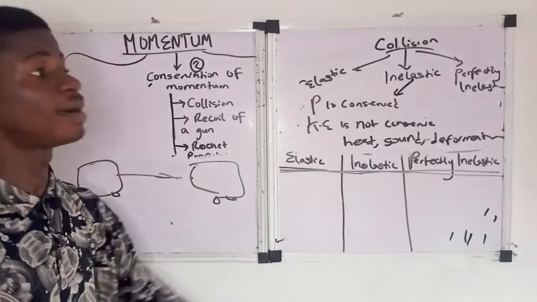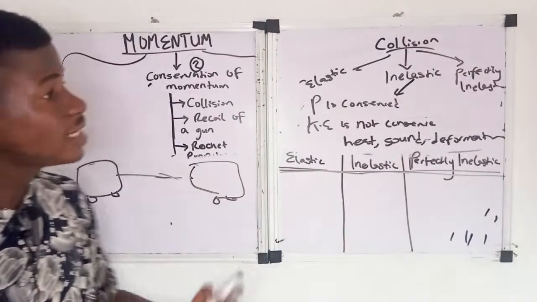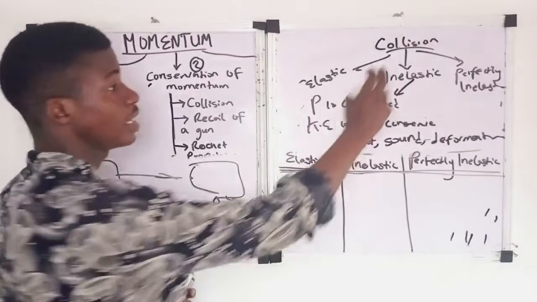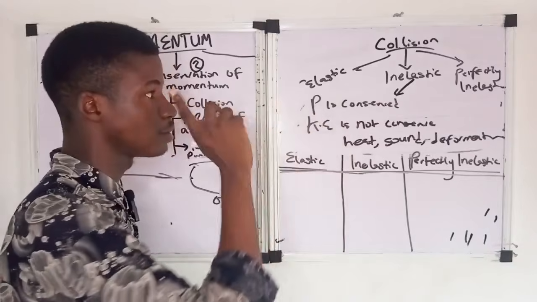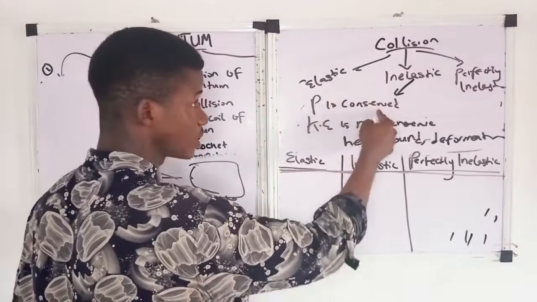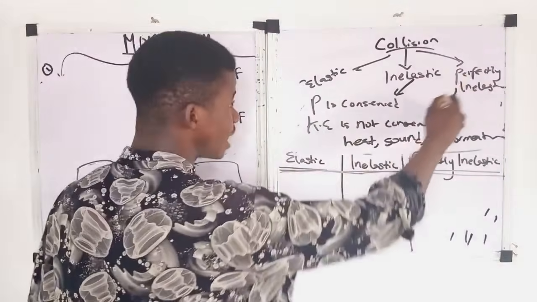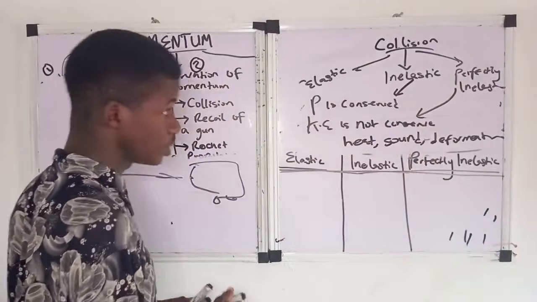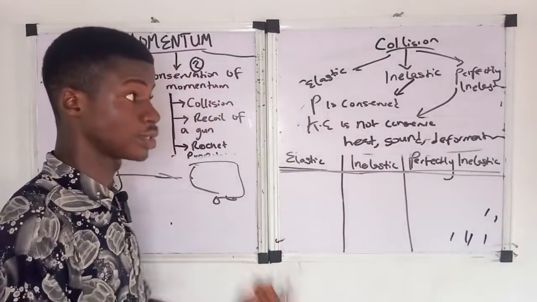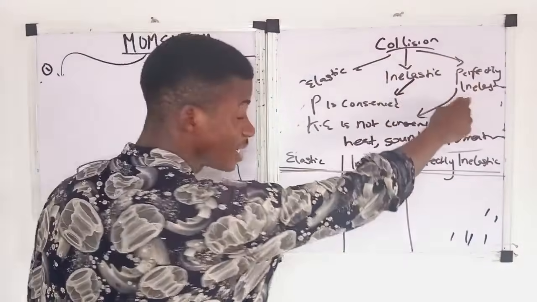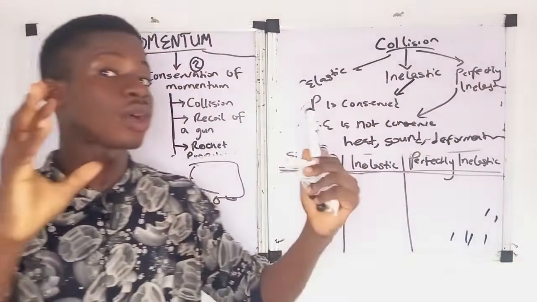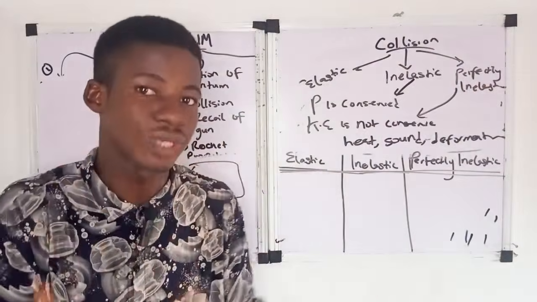Now, what is the difference between inelastic and perfectly inelastic? In both, momentum is conserved. In perfectly inelastic, kinetic energy is not conserved as well. The difference between inelastic and perfectly inelastic is that after collision, the two bodies stick together.